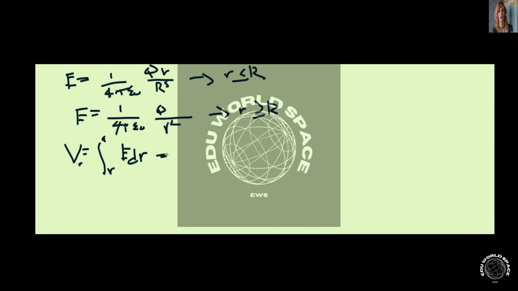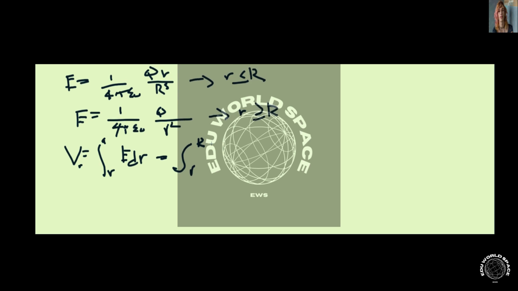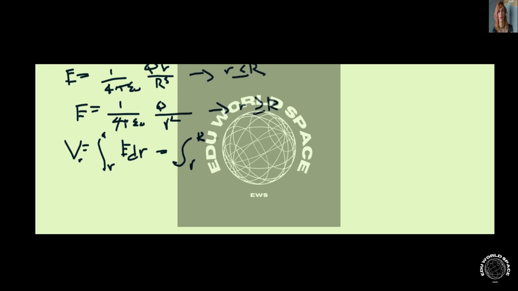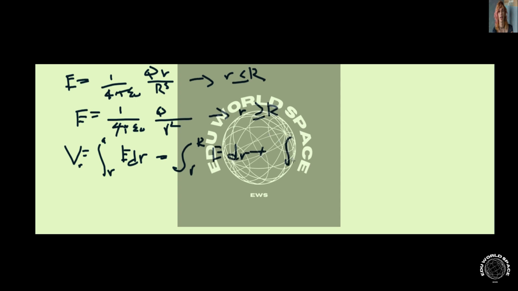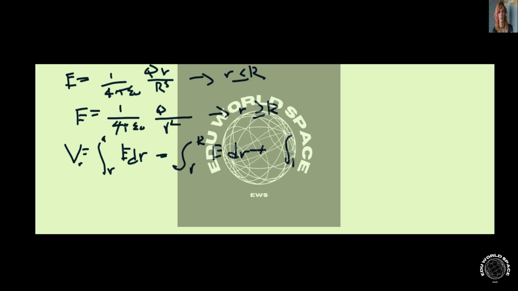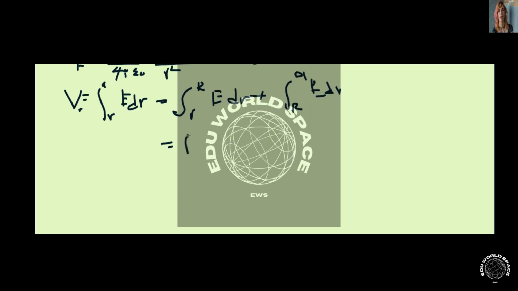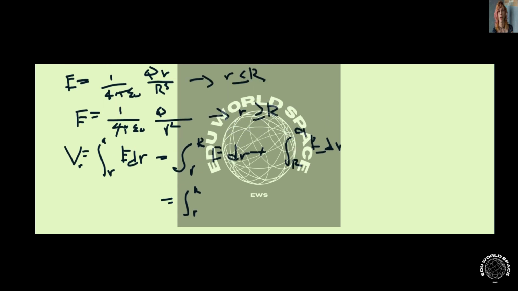We can actually split this into r to the outside of the sphere. So this is the surface of the sphere, and this is also E dr, plus the integral from the surface of the sphere to the point outside, and this is also once again just E dr. So now we can replace both of these by the above equations. Let's bring them down.